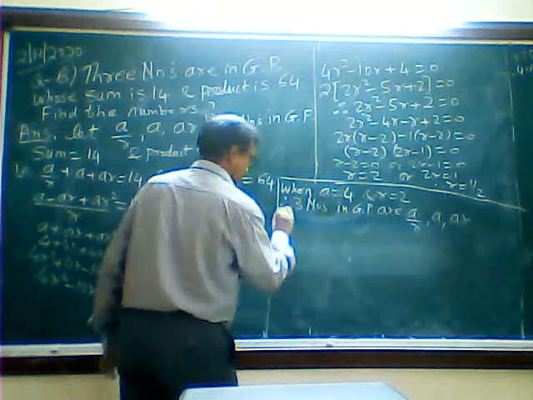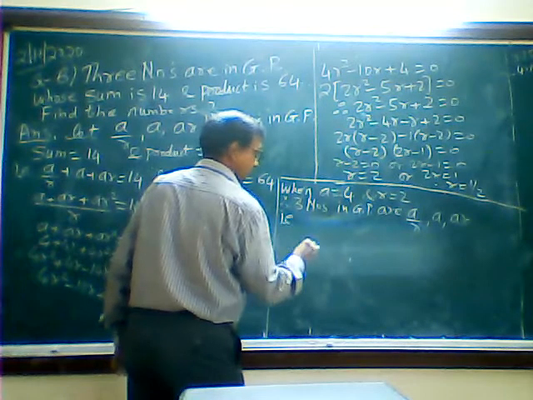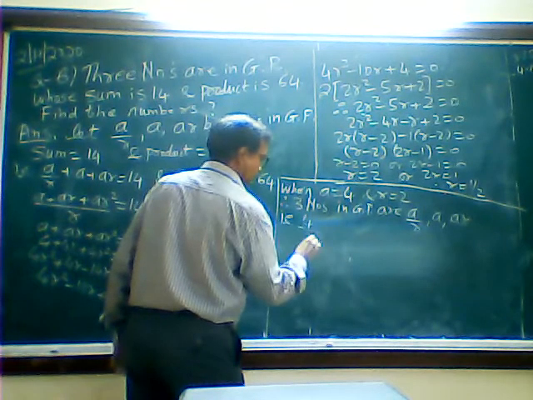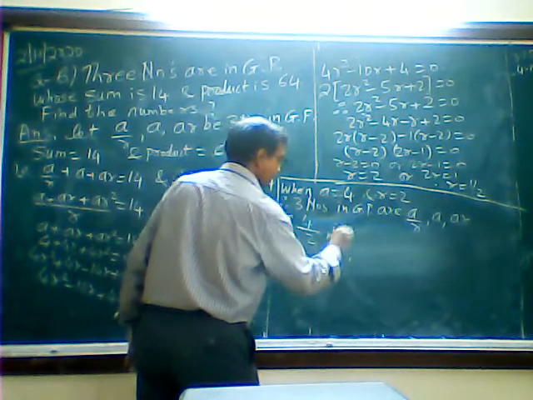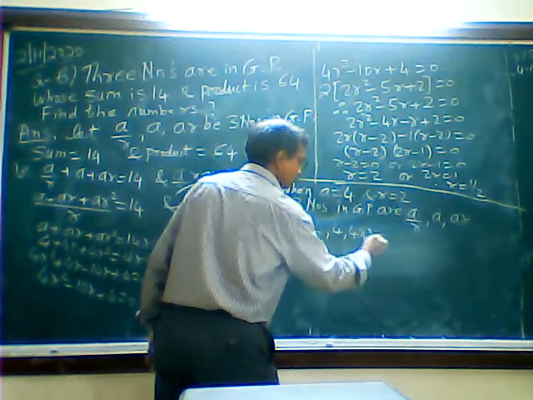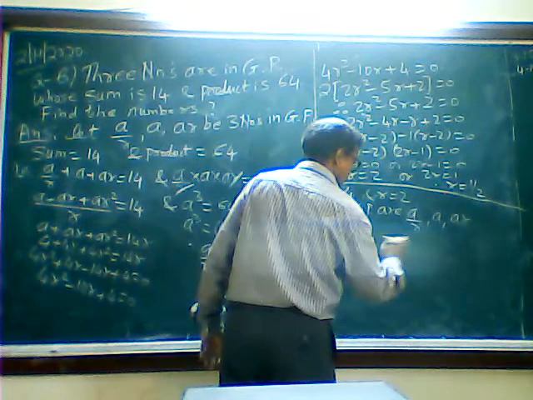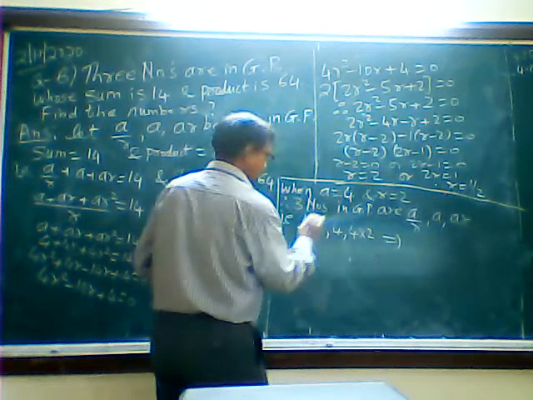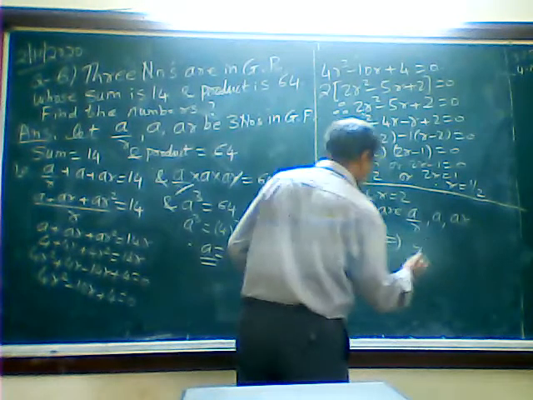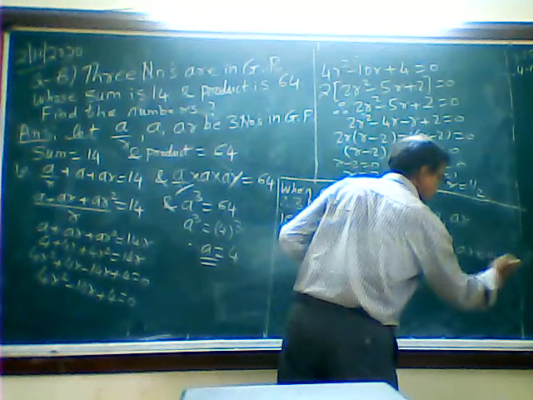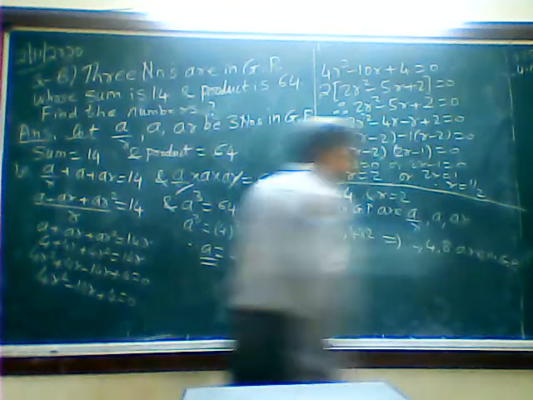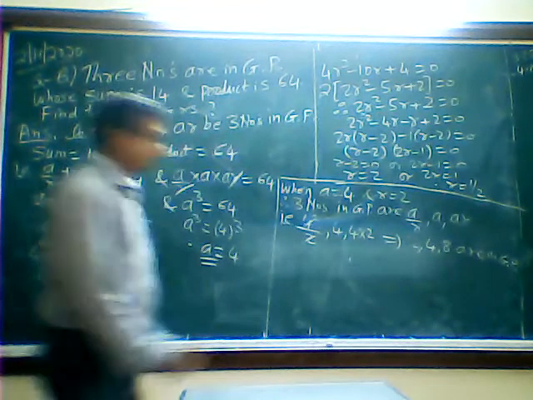That is 4 upon 2, comma, 4, comma, 4 into 2. 2 ones are 2, 2 twos are 4, so 2, comma, 4, comma, 8 are in GP.